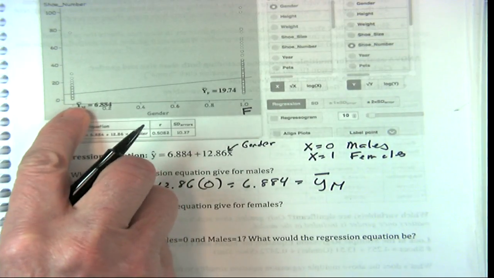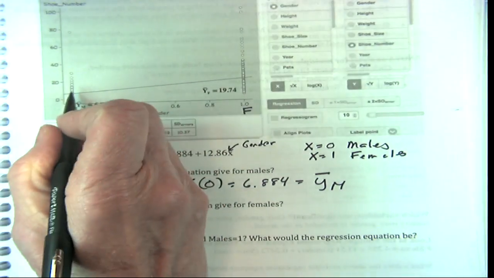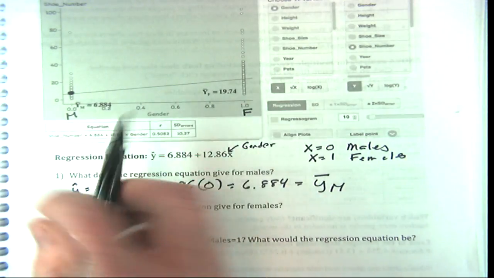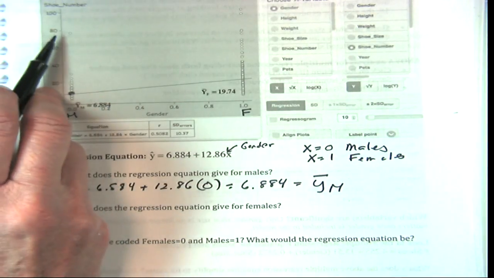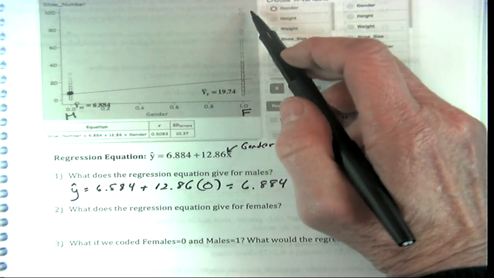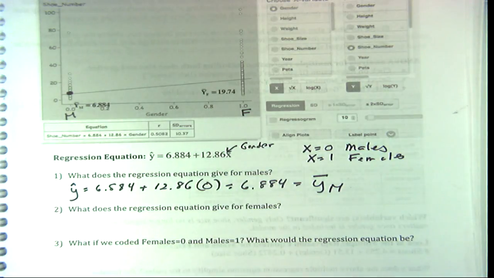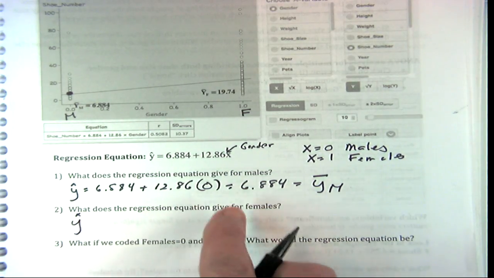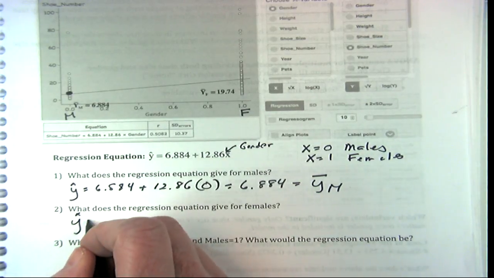So it's right here. Y bar for male is this. That's all it's doing. These are all the guys. I guess this one right up here went all the way to 77. And for females, it went up to 100. Okay? And so now for females, what's it going to do? You're just going to put a 1 in for x. So you do the same thing.